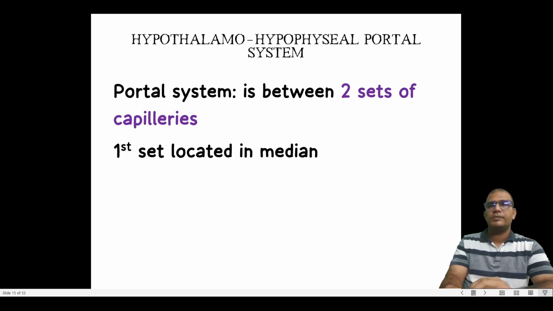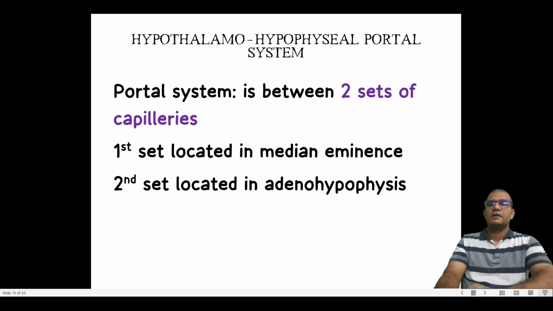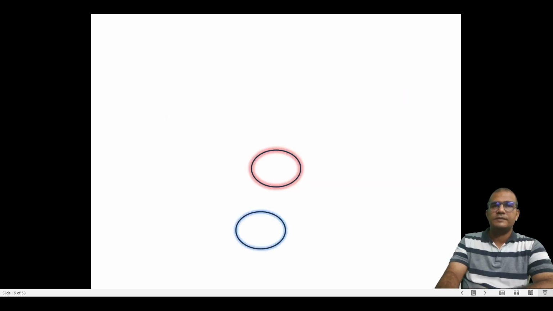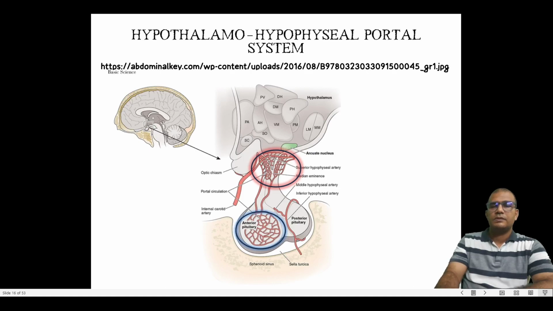Here in the pituitary gland, the first set of capillaries is located in the hypothalamus, that is the median eminence of the hypothalamus, whereas the second set is located in the adenohypophysis. It is the sinusoids of the pars anterior or adenohypophysis. There is a diagram to show the hypophyseal portal system. You can see the red colored circle, the first set of capillaries, and the blue colored circle, the second set of capillaries.